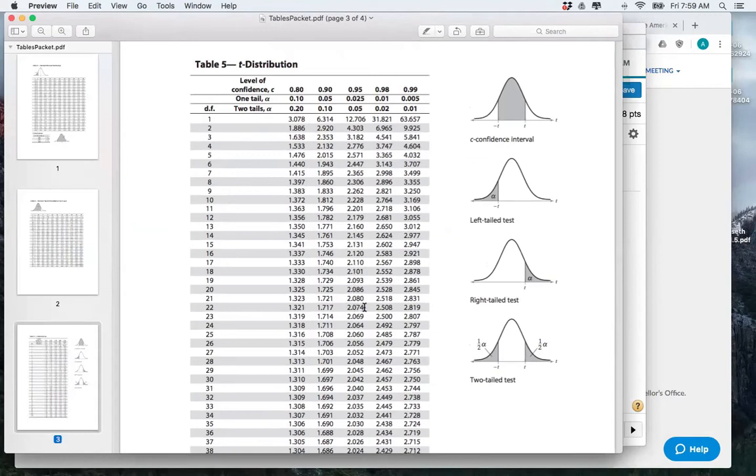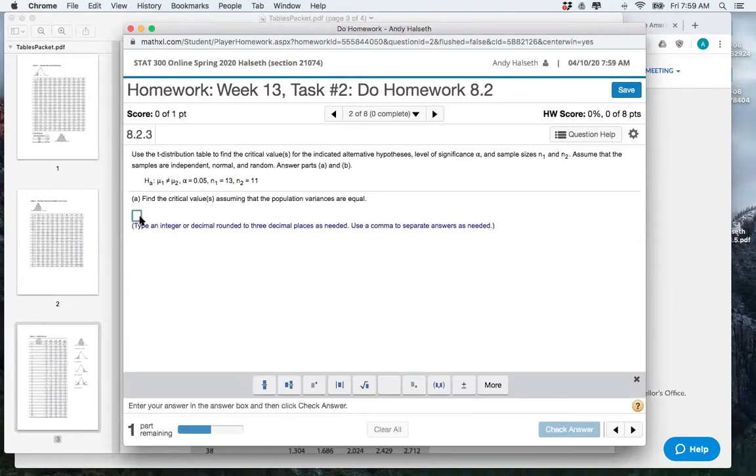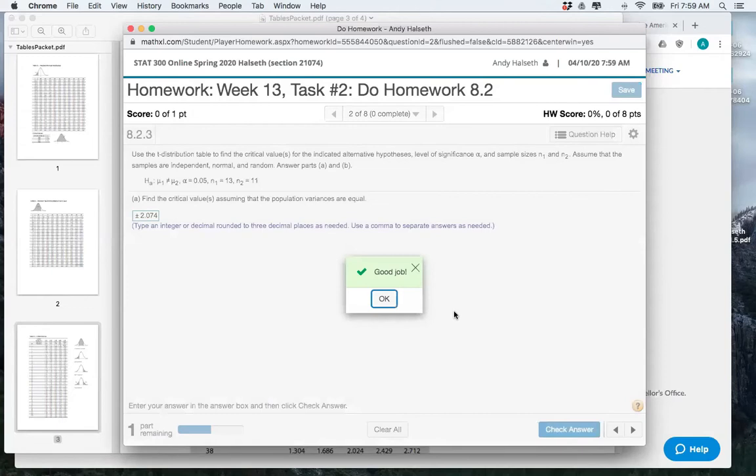And I'm seeing 2.074. Okay, and remember, if it's a two-tailed test, I would put a plus or minus on that. So let's see if that's right. You could use this plus or minus here, 2.074. Let's check that out. Okay, and that'll do it.